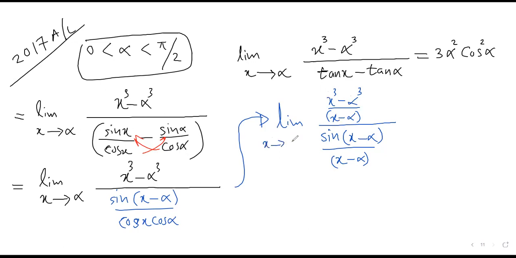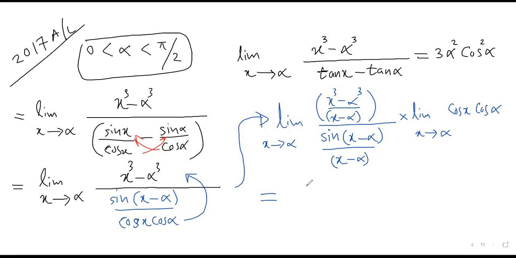Here x is going to alpha. Now here cos x cos alpha goes upwards to the numerator. Take the limit when x is going to alpha of cos x cos alpha. Now when x is going to alpha, for the numerator you can apply the formula n a to the n minus 1.